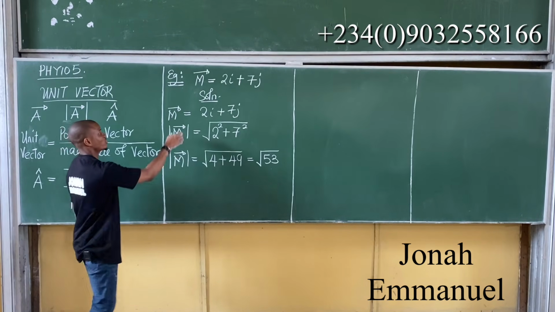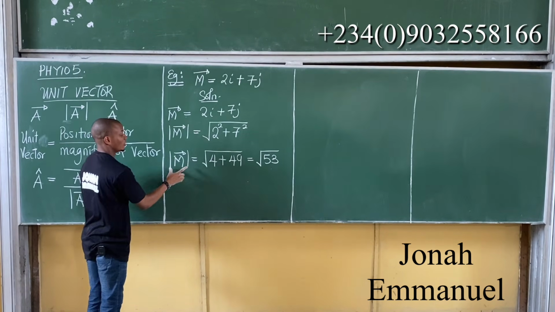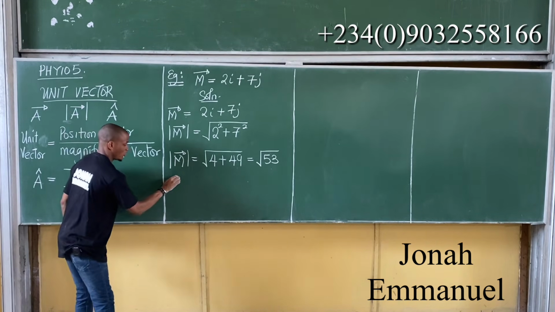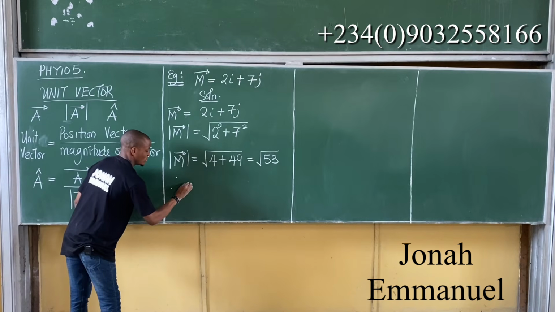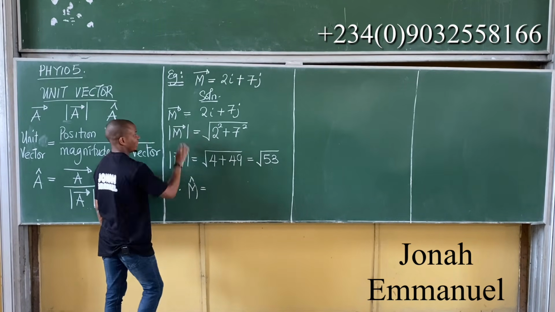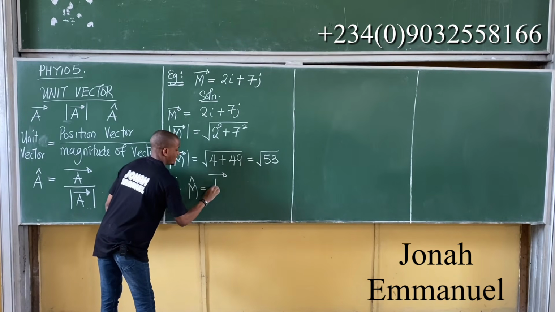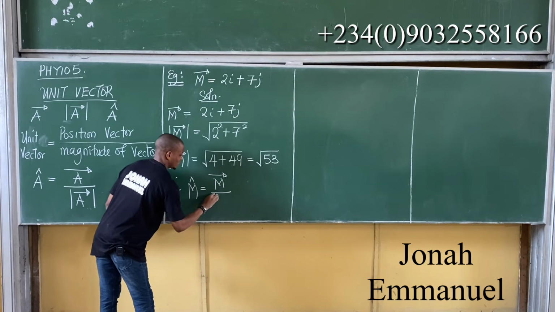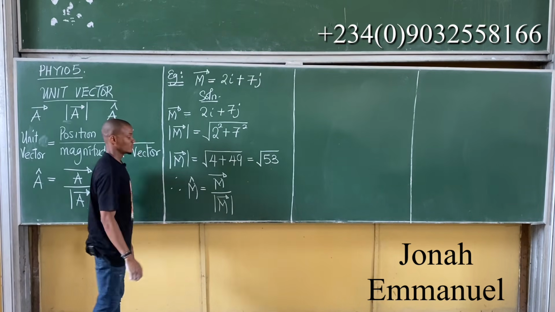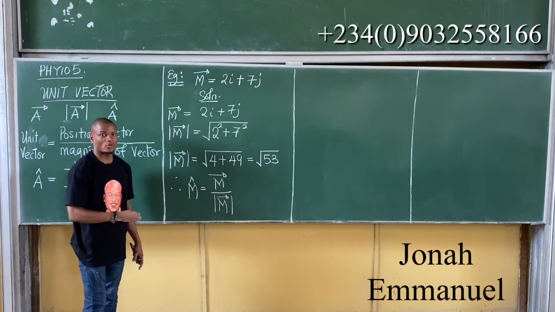If I've gotten my position vector and my modulus of the vector, I can now get the unit vector. So therefore, recall that we said the unit vector of M is equal to the position vector of M all over the magnitude of M. So let's input values and see what we get.